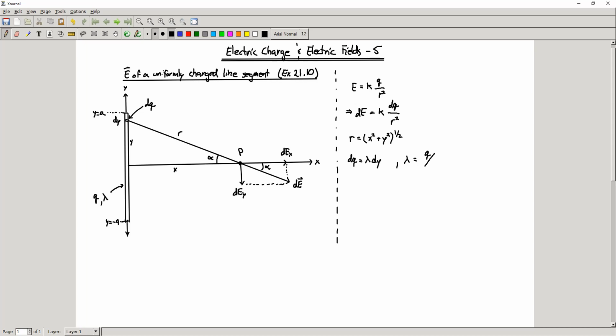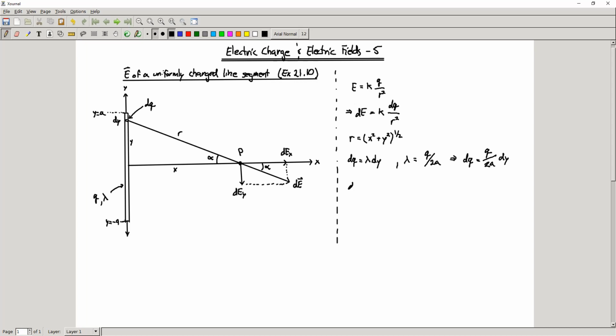Here we have 2a, so it's going to be Q over 2a. And this means that dq is equal to Q over 2a dy. We can put this all together to get our infinitesimal contribution to the electric field at P, our dE here.